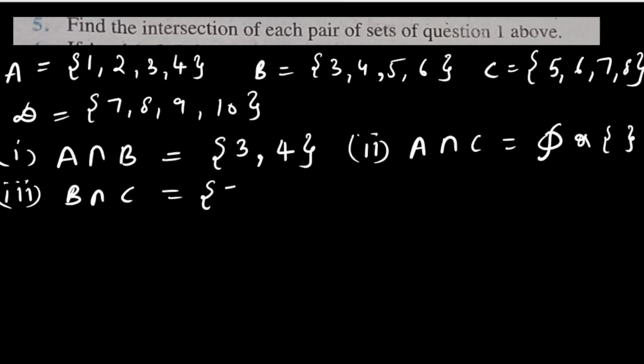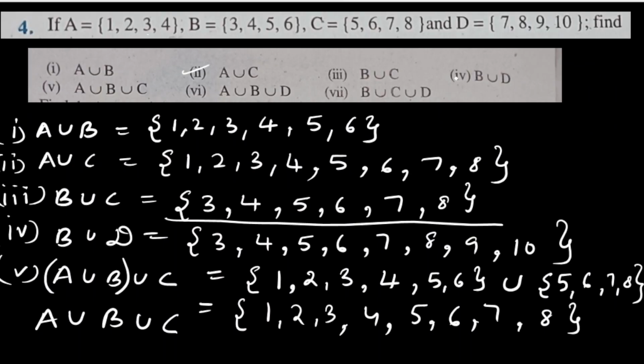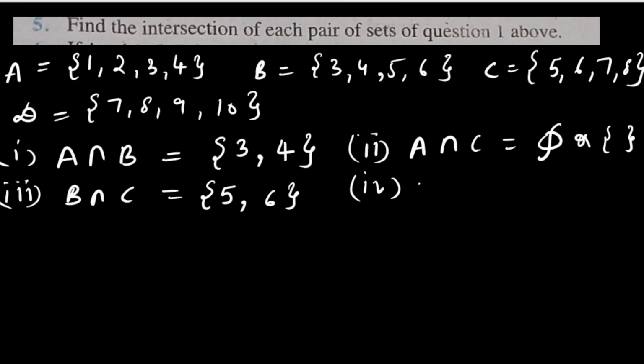So their intersection is 5, 6. Fourth part, B intersection D. B is 3, 4, 5, 6. D is 7, 8, 9, 10. Nothing is common, so it is also an empty set.